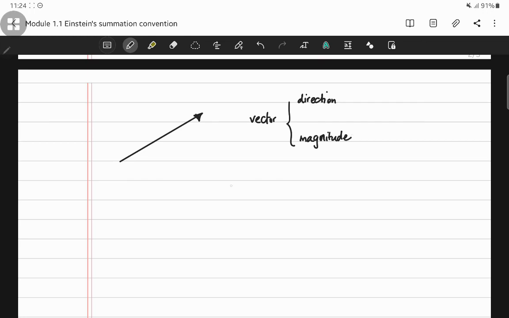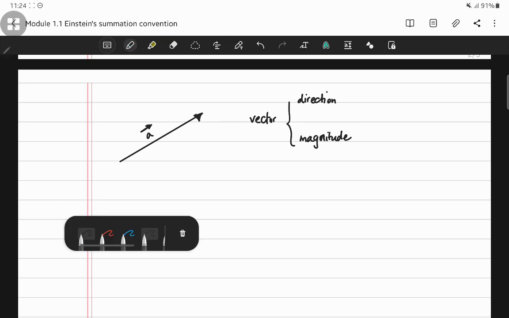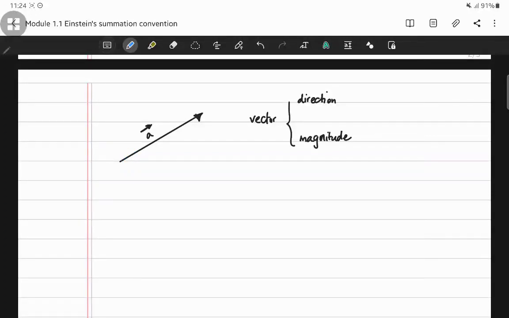So whenever I say A is a vector, it has a direction and a magnitude. For example, I can decompose this A here into 2 parts. I have, let's say, my x and y here.